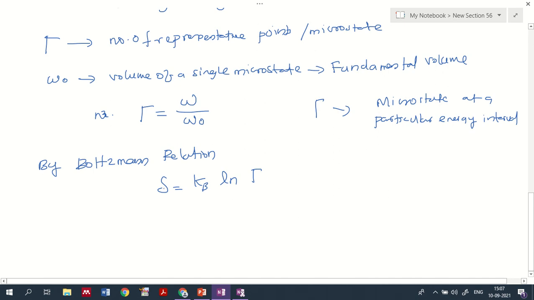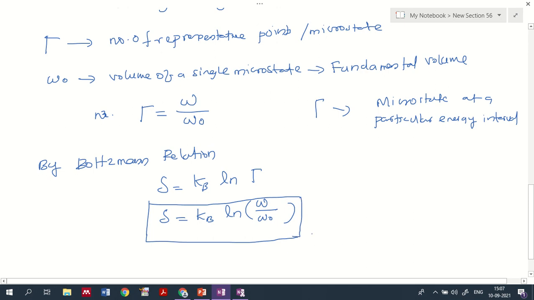Once you have the entropy representation, gamma is omega by omega 0, so S equals k_B ln (omega by omega 0). This is your entropy equation for a microcanonical ensemble.